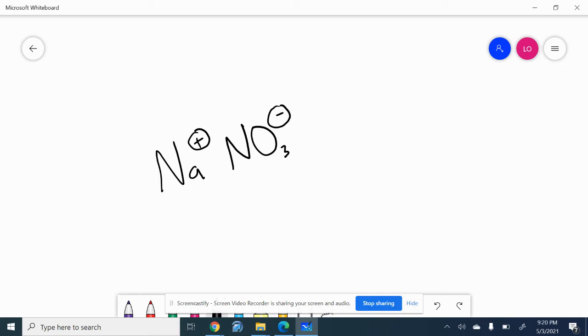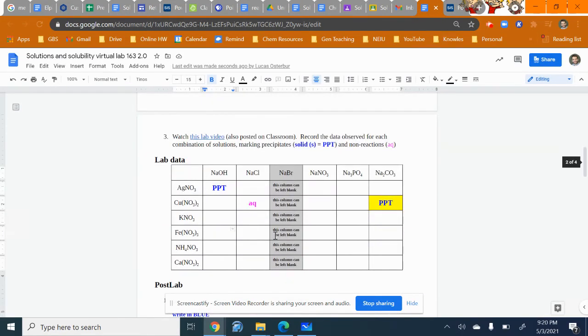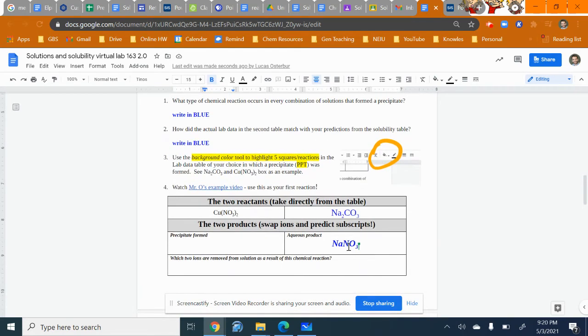They have an overall charge of 0, so a net 0 charge. So I do not need any subscripts other than the one that is already in NO3. If they did not form a net zero charge, I would need to add subscripts in. But in this case, I'm good to go. My aqueous product is NaNO3.